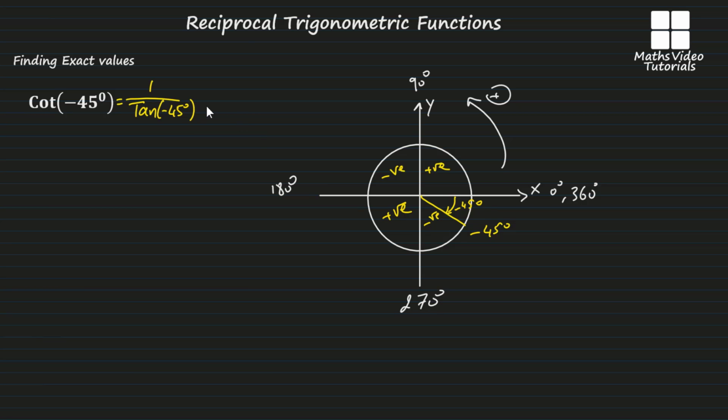So we know the value will have a negative sign. Now, what is tan 45? We know it is 1. So basically the answer is 1 divided by negative 1, and therefore cot negative 45 will be negative 1.